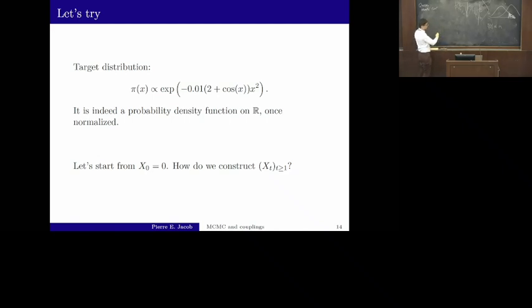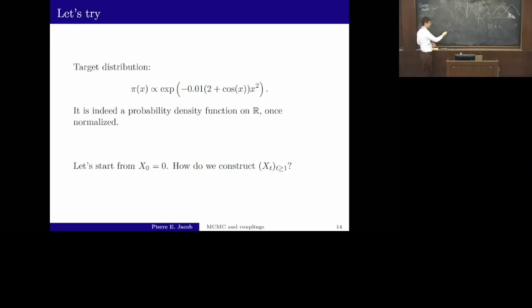So this distribution, if you plotted the curve, looks like this. Kind of a wiggly perturbation of a Gaussian. And you start from x0. Okay, so we're going to try to come up with a Markov chain that will converge to pi. So do some sort of local modification of x0 first. We want to move.